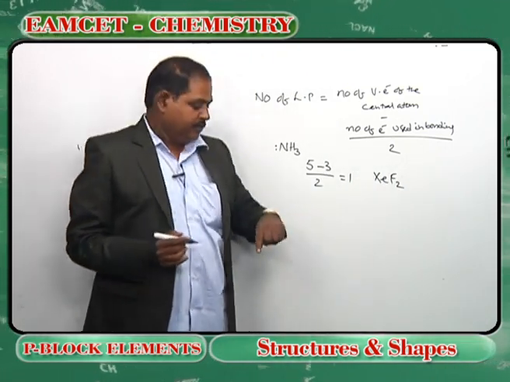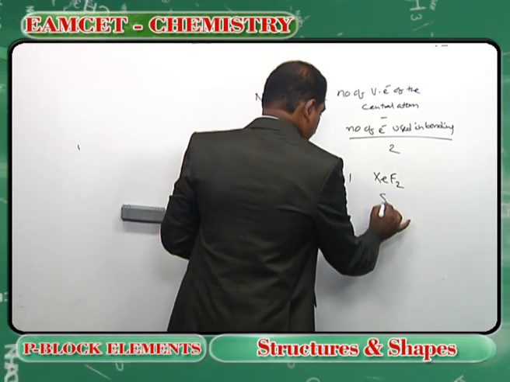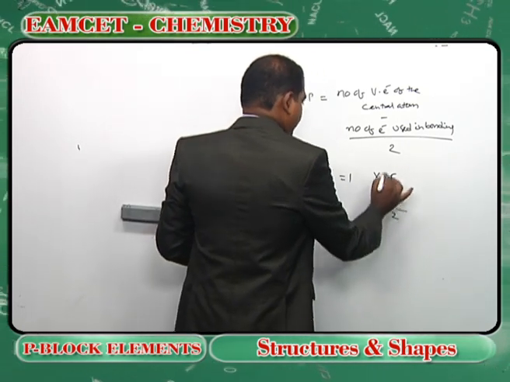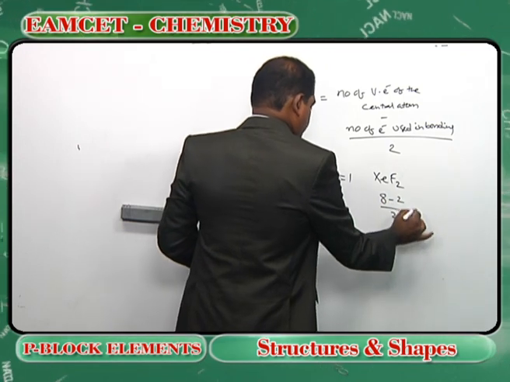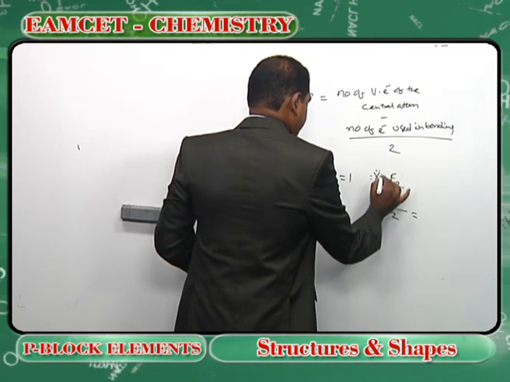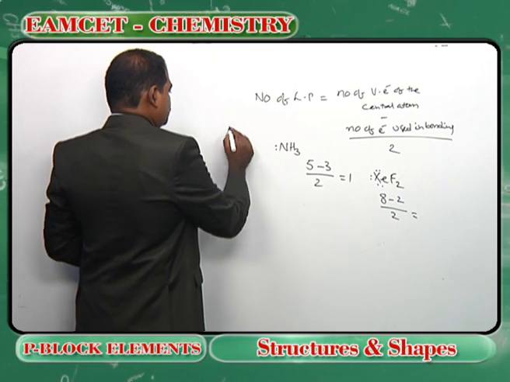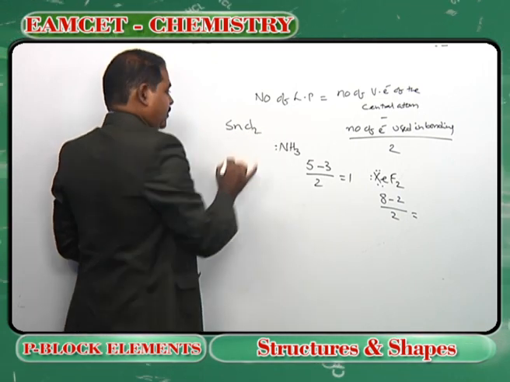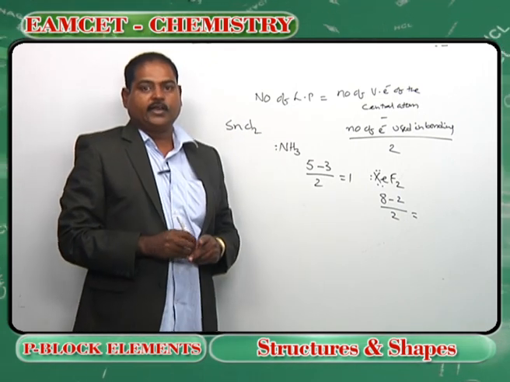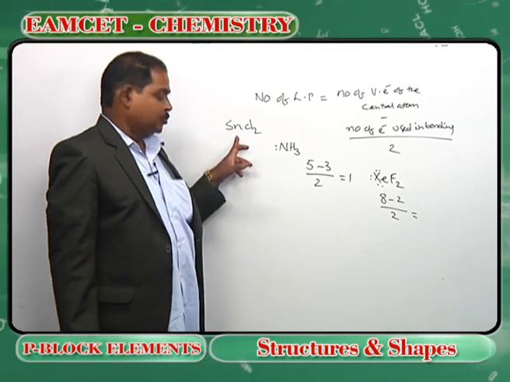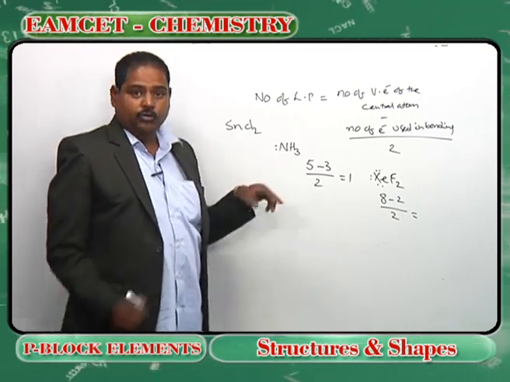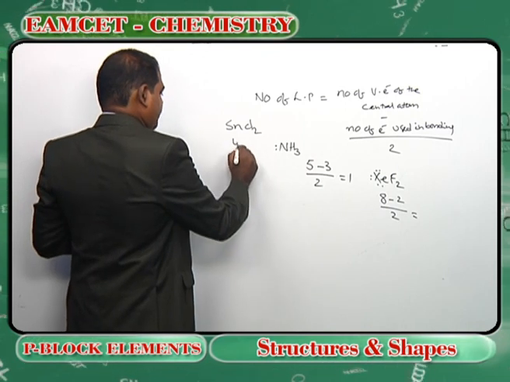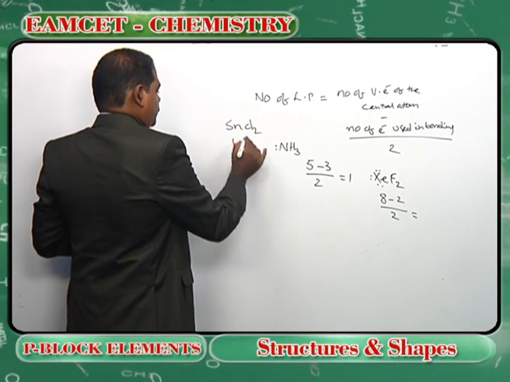How will you calculate? 8 minus 2 by 2, 3 lone pairs. SnCl2. How will you find the number of lone pairs? Stannum belongs to the 4th group. 4 minus 2 by 2, 1 lone pair.